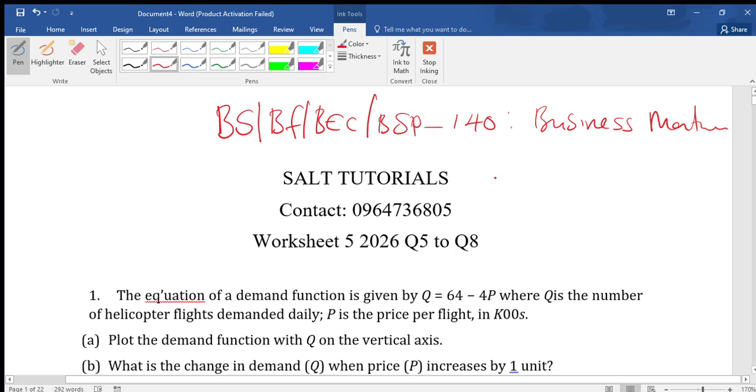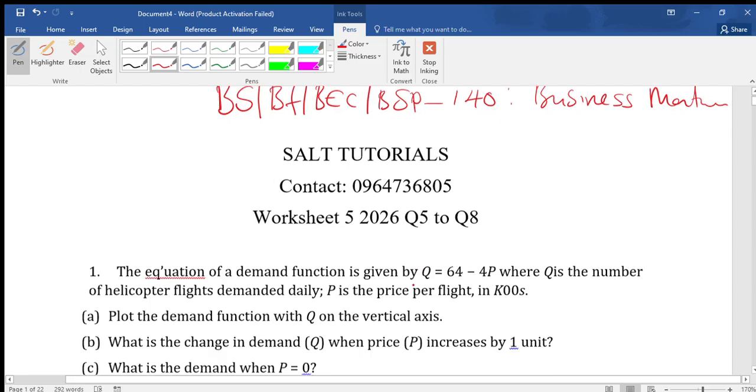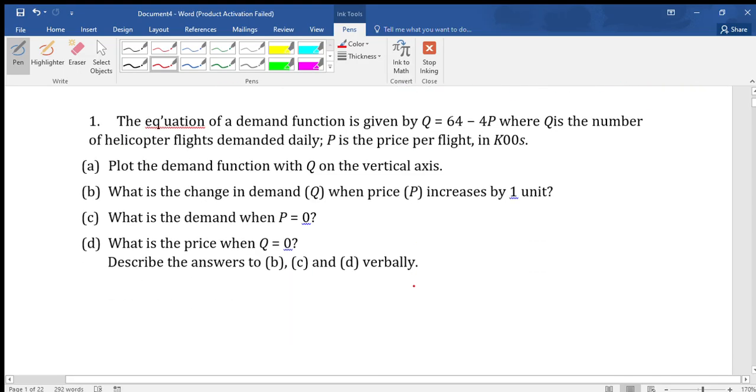This one is question number 1, but we know that it is coming from worksheet 5, which is question number 5. So let's look at the question. The question says, the equation of the demand function is given by Q equals 64 minus 4P, where Q is the number of helicopter flights demanded daily, and P is the price per flight in hundreds of kwachas.